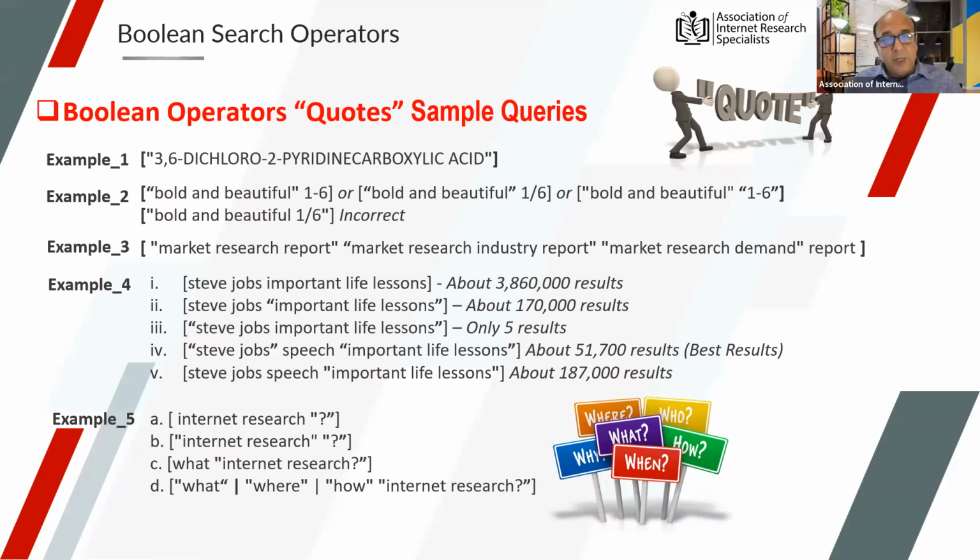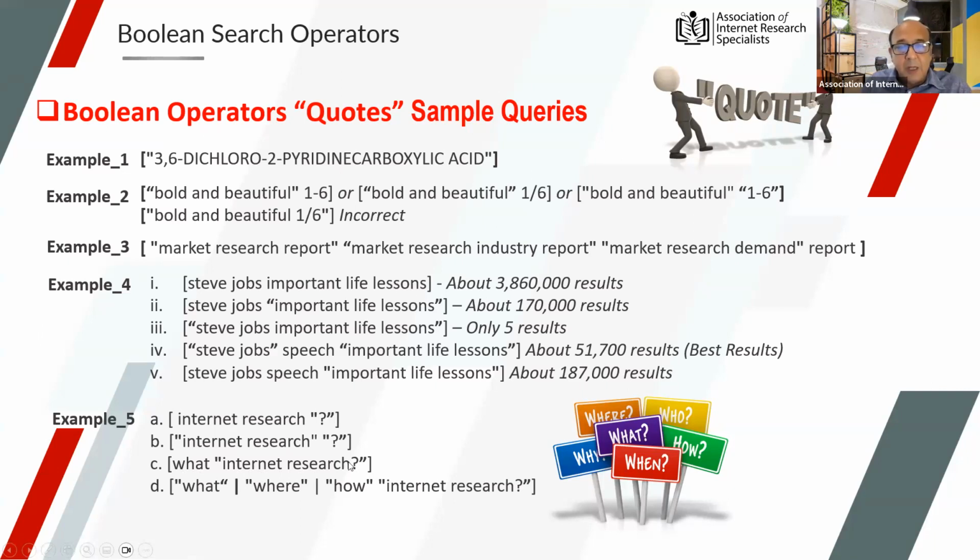In C, we have used the word what, and we have used internet research and put the question mark within quotes. So what is this going to do? First of all, what would be dropped or may not be mandatory or may appear somewhere with the words internet research on the content page.